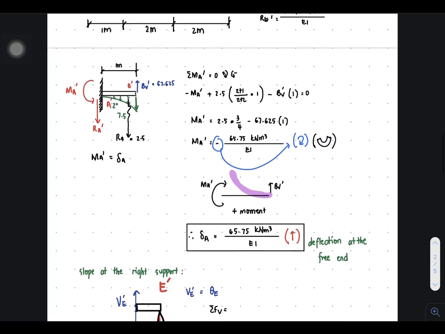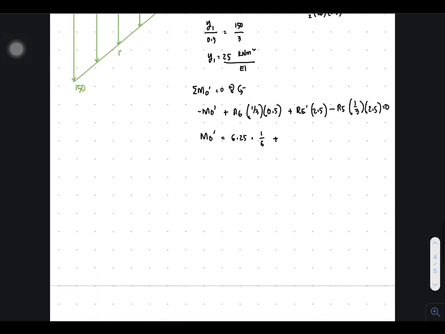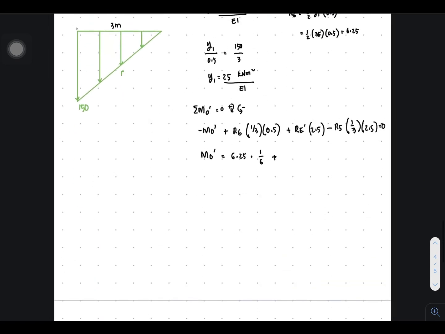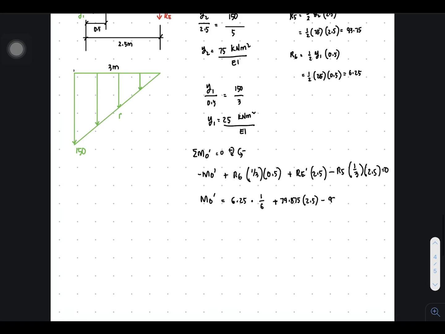What is the value of our RE? It's 79.875. So 79.875 times 2.5 minus R5, 93.75 times 2.5 over 3.